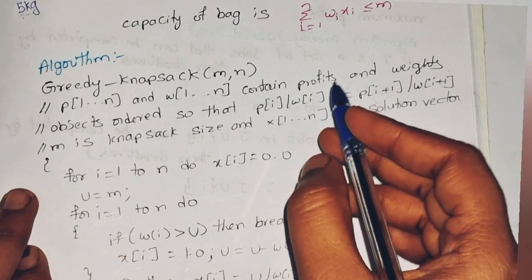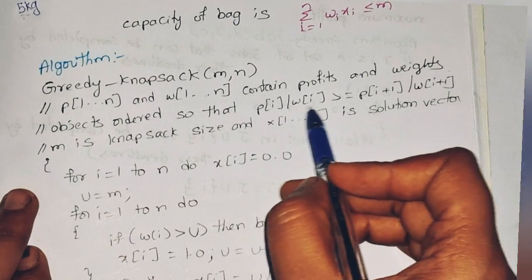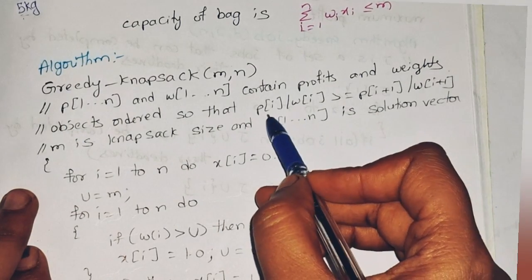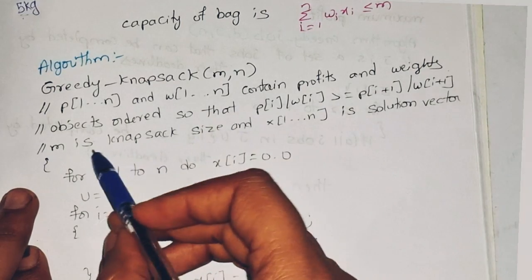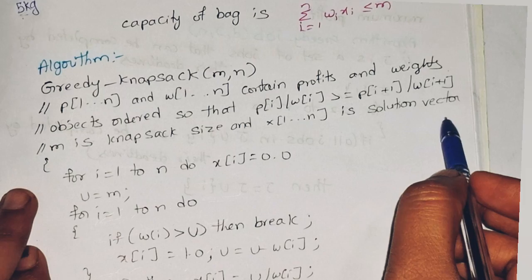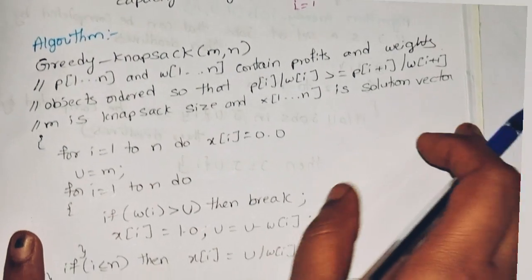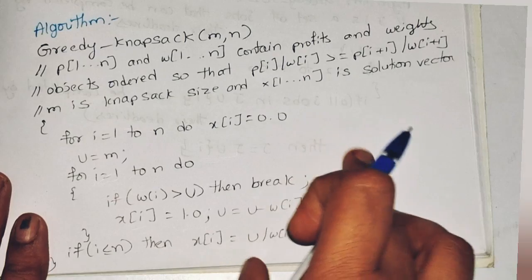We are not directly adding the profit or weight to the bag; we are adding based on the ratio of profit and weight. m is the knapsack size and x[1..n] is the solution vector. For i equals 1 to n, do x[i] equals 0.0.